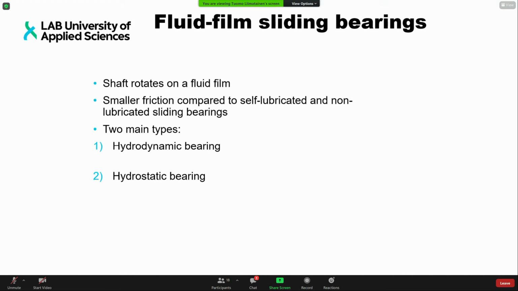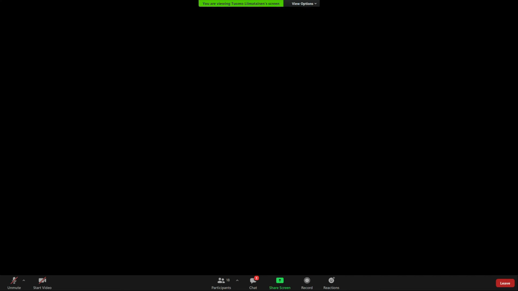In fluid film bearings, we have two main types. One of them is the hydrodynamic bearing, and the other is the hydrostatic bearing. Both contain the word hydro, which somehow gives the idea of the basic idea behind the functioning.